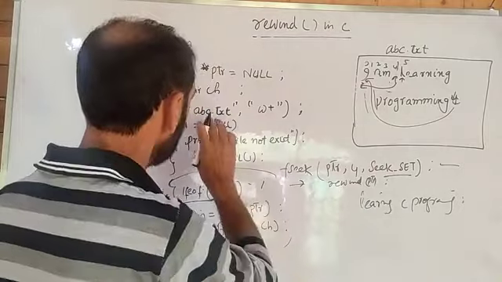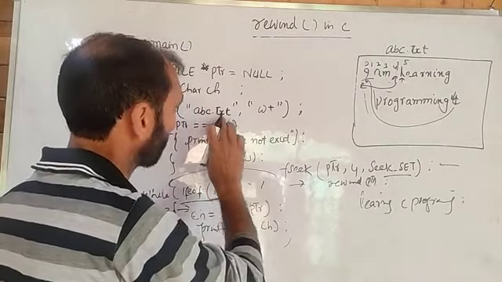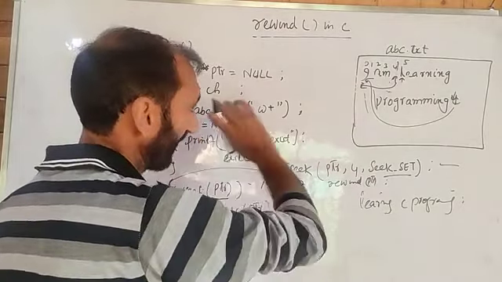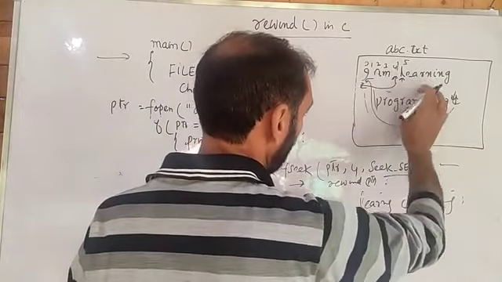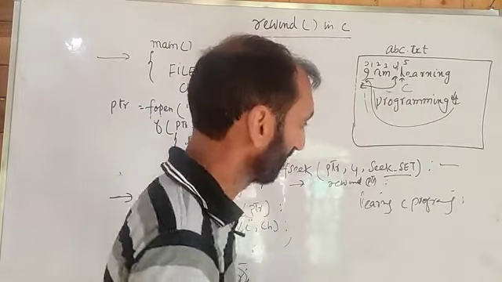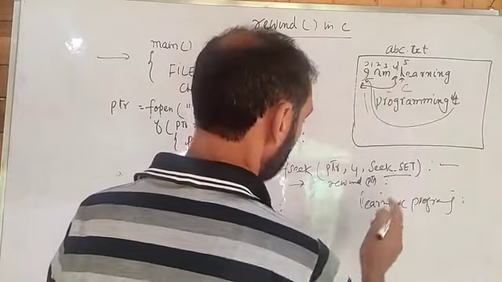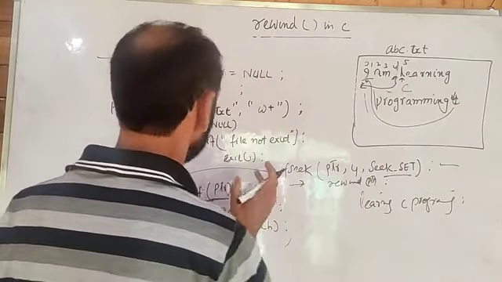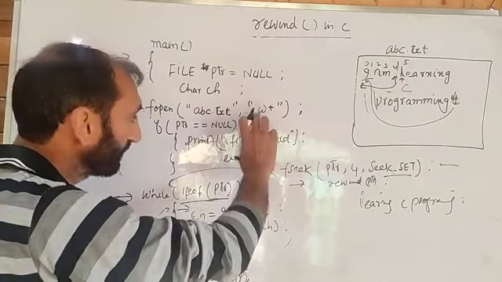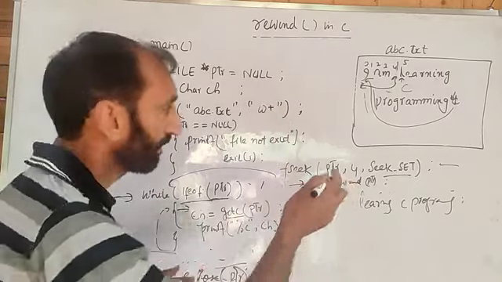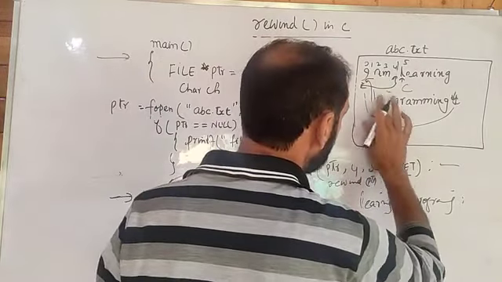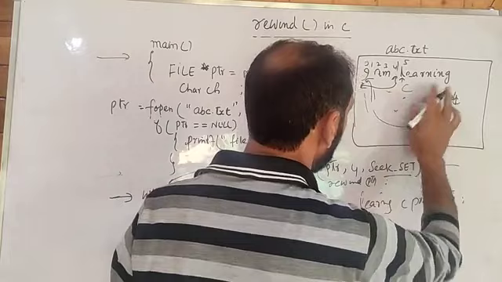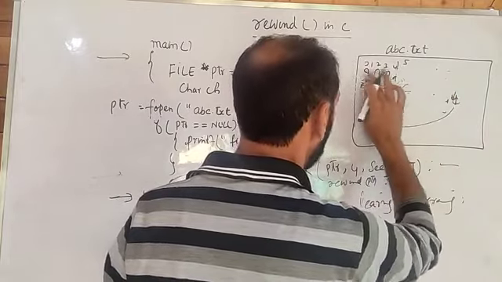For example, abc.txt is the file name, and the contents of this file are "I am learning C programming". And I have opened this file in W+. So what will happen? First, all these contents will get erased, or overwritten.